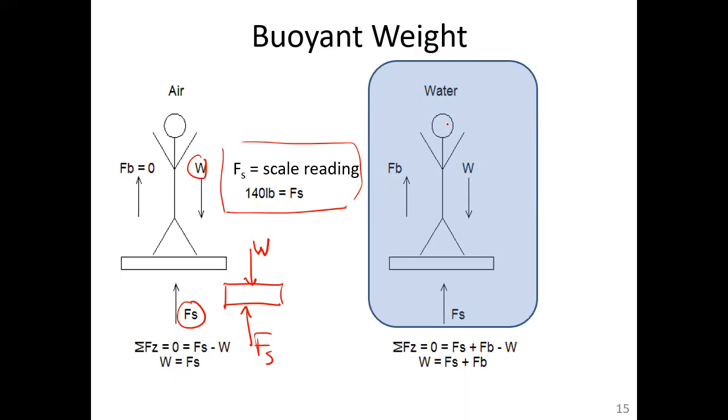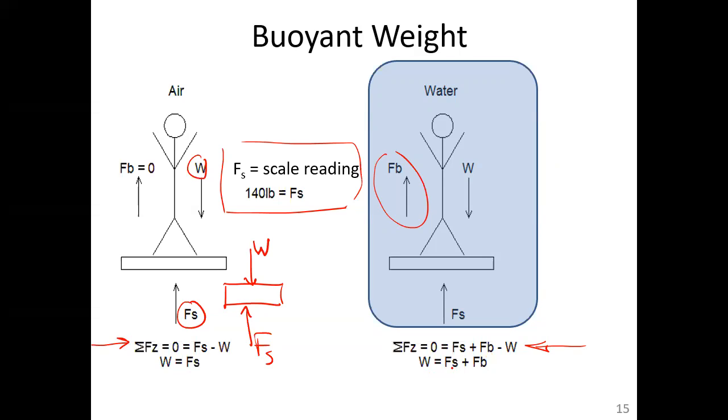If you then jump into the pool and completely submerge yourself, now you have a buoyant force operating on you because you're submerged in a liquid, in this case, for example, water. And so now when you look at the forces in the Z direction, before it was just your weight and the scale. But now there's a buoyant force operating.